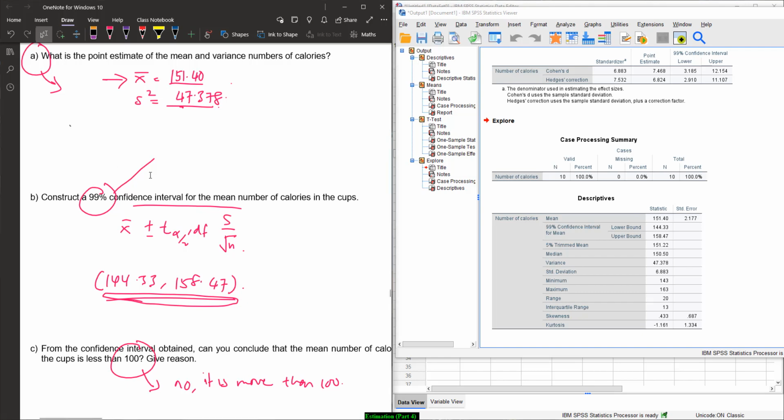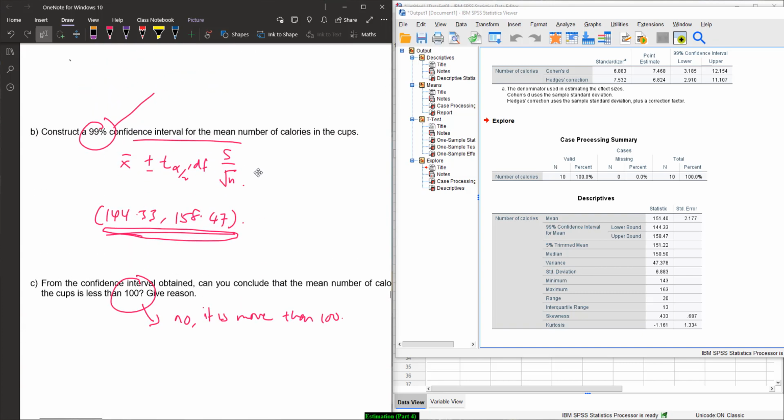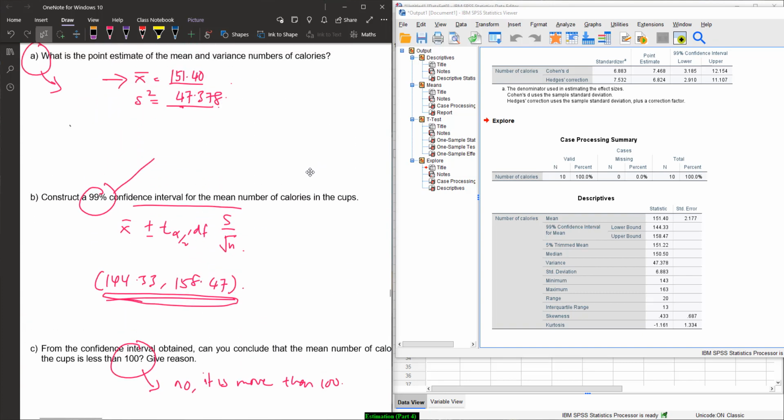So this is how we use SPSS to obtain the statistical values that they want. Of course, in assessment 1 and the final assessment, you need to calculate manually. You cannot show only the end result.